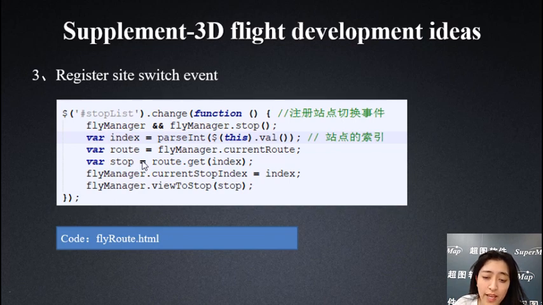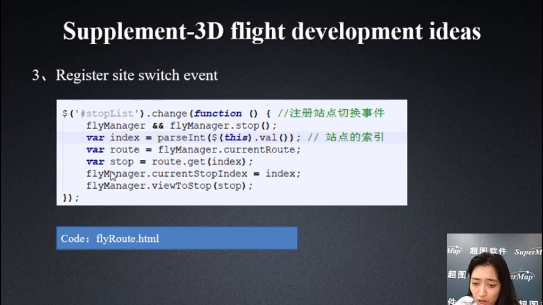It uses flight manager dot current stop index to set the stop index, and that is to get the stop, and it uses will stop to make the route dot get take this stop.